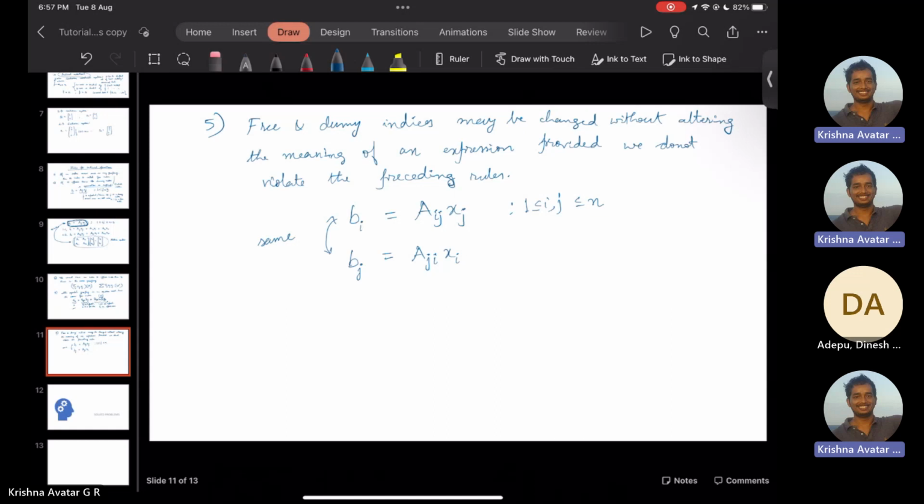Now let's try to find some example where we cannot do this as lightly.